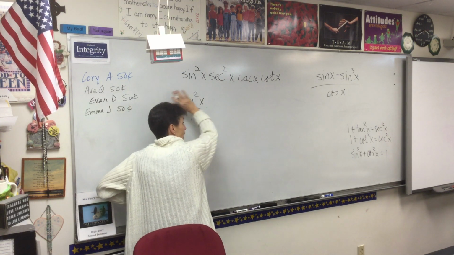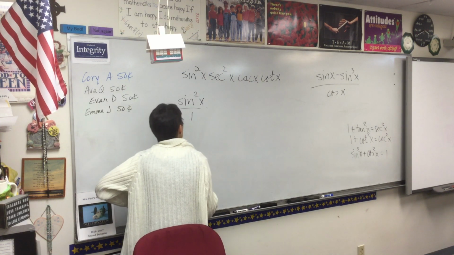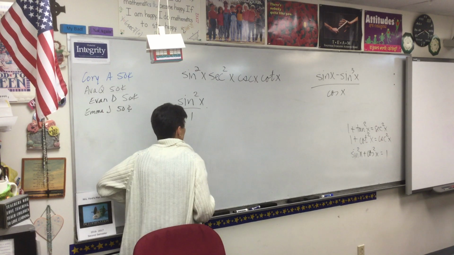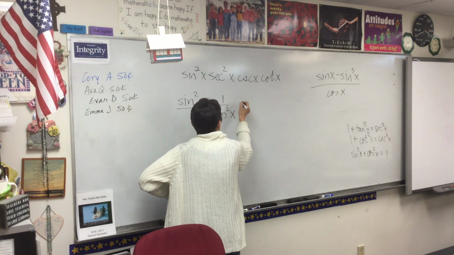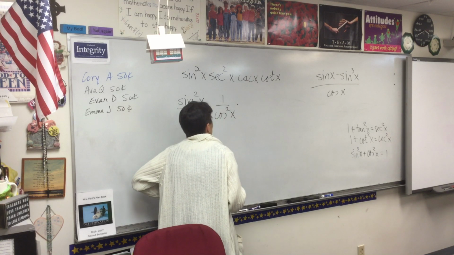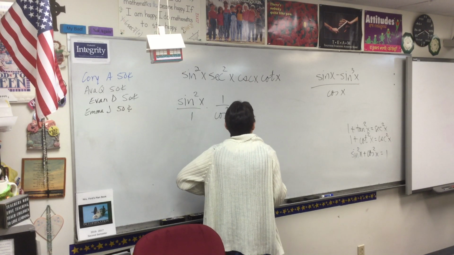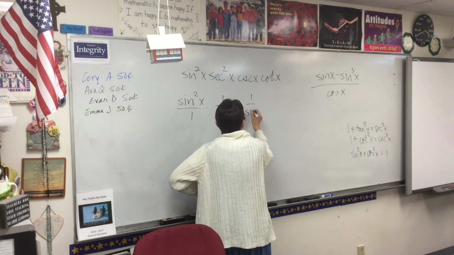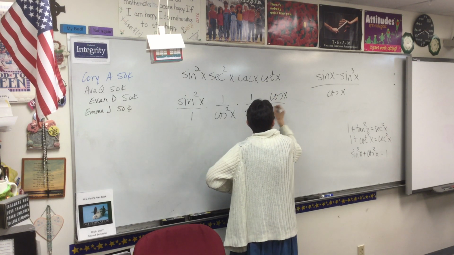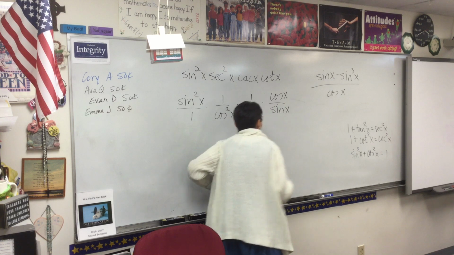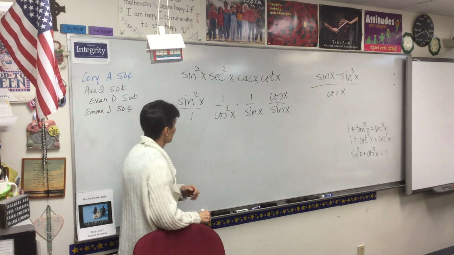We're changing into fractions. We keep our sines and cosines. What'd you do to secant squared? 1 over cosine squared. What'd you do with cosecant? 1 over sine. And cosine over sine. Good. Now, with any luck, we're going to lose some things.